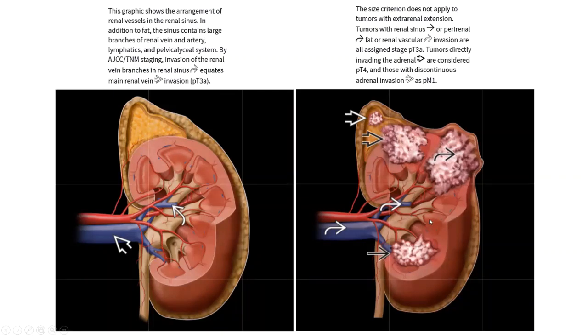All of this would be pT3a stage. On the other hand, a tumor located towards the upper pole might directly invade into the adrenal, in which case it would be T4. However, if you see a tumor nodule sitting in the adrenal, but separate from the main tumor mass, even after giving serial sections, that would count as a discontinuous adrenal invasion, and that would be stage M1.